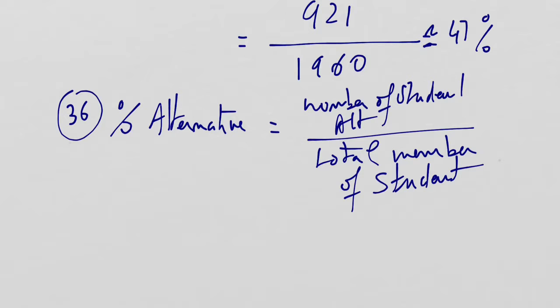And what do we have now? Well, it's going to be equal to 470 divided by 1960, and the answer is going to be 24%.